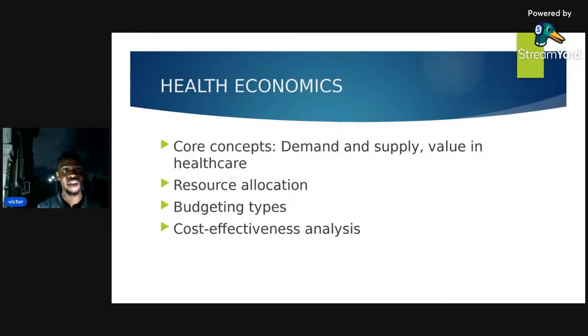You ensure that there is no excess staffing, because if there is excess staffing, you also spend more on salaries and the hospital may run at a loss. So that is cost effectiveness analysis, how you minimize wastage in healthcare. So that is all about health economics.